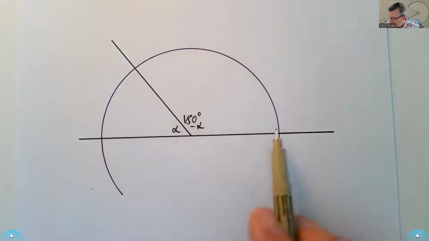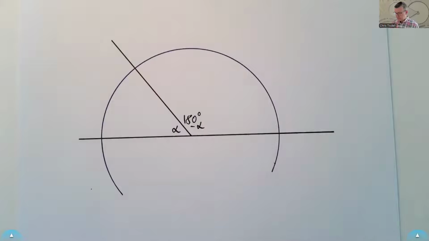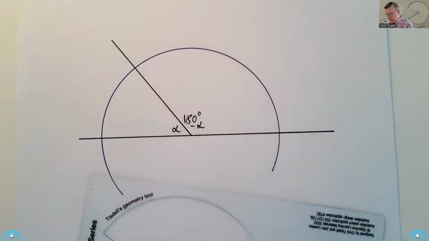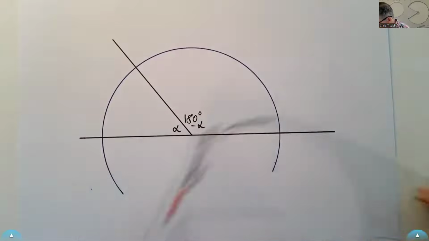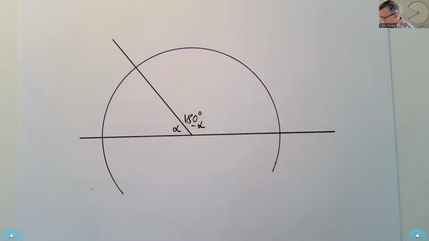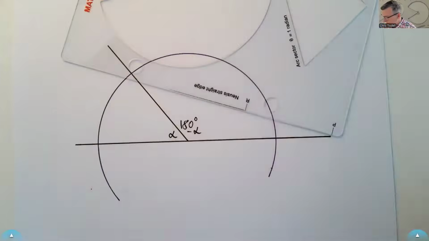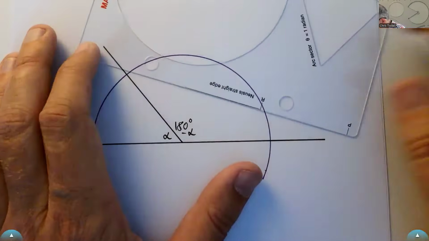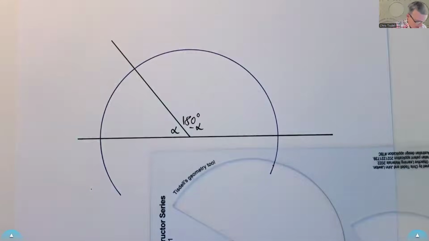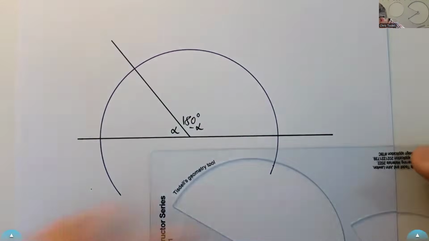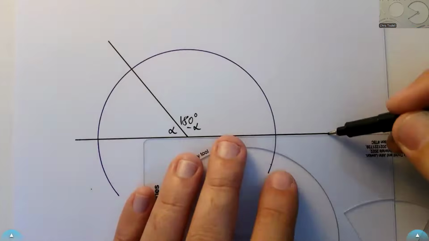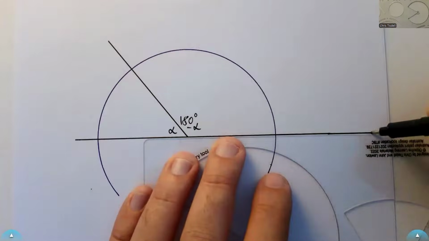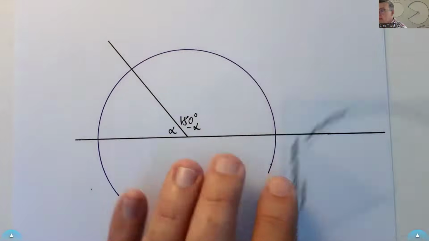So 1, 2, 3. The next step is to use our Noesis straight edge in an interesting way. I'm going to take my straight edge. Oh, and I might need to extend this line a little bit. So let me just extend this line a little bit. I can do that. Okay, hopefully that's still in the shot.